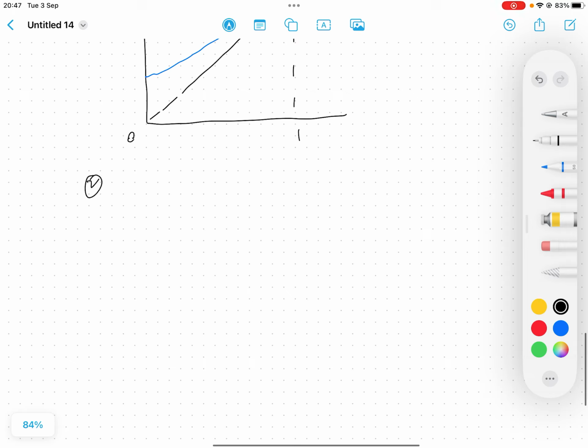Now let's go to the second one. Let's say X is not compact, namely, first, X is not closed.